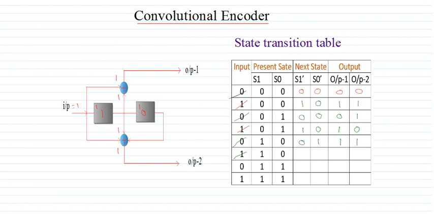So this 0 will be pushed out, right? So now we have this 1 and this 1 as a next state, and the output is 1 plus 1 is 0, 1 plus 0 plus 1 is also a 0, so it's a 0 0. Now let us go to the next state and complete the table.